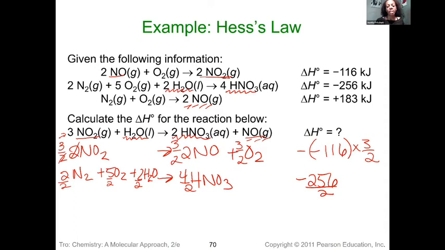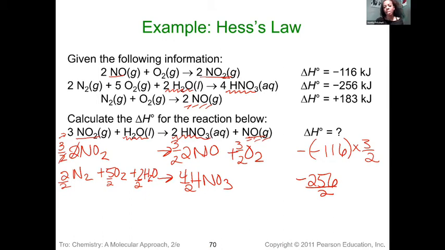I can write it as is. However, if we do that, remember, we also already have NO locked in place in this first reaction, and we have 3 of them. And so, in fact, we don't want to leave it in that position. We need to flip this equation in order for us to cancel out some of the nitrogen monoxide to get the desired amount that we need.